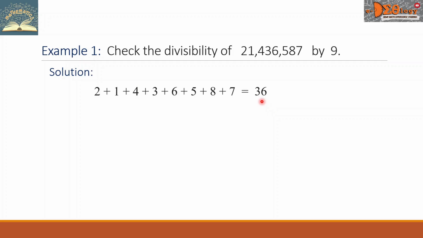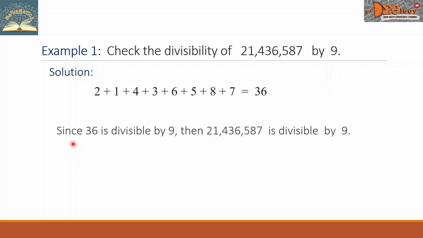And the sum is 36. We know that 36 is divisible by 9. So, since 36 is divisible by 9, then the number 21,436,587 is divisible by 9.